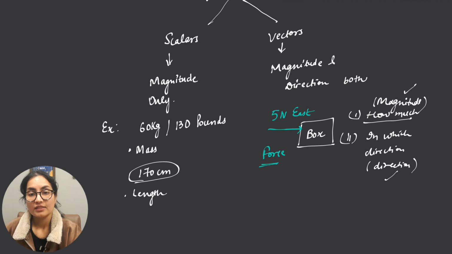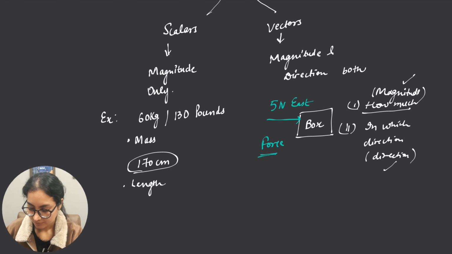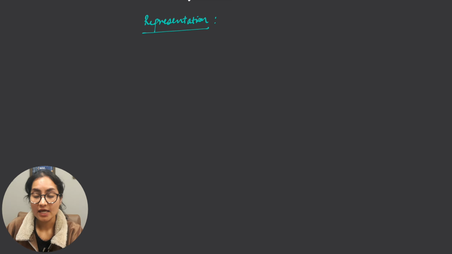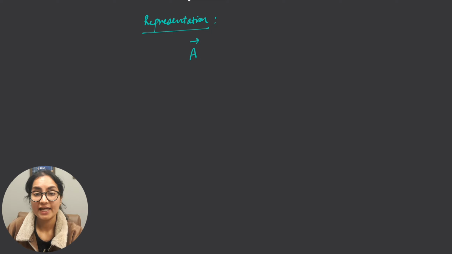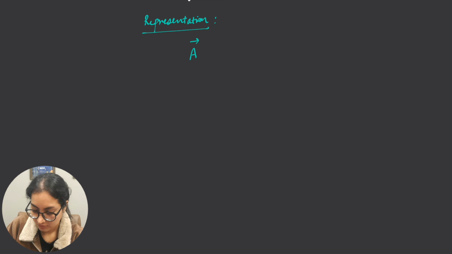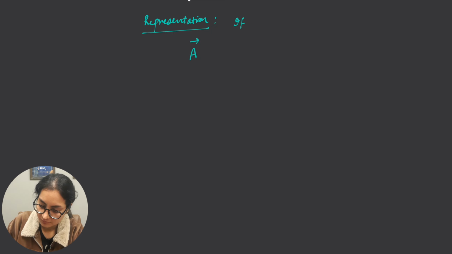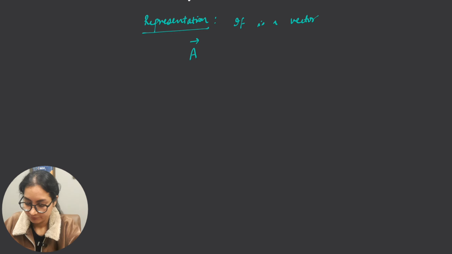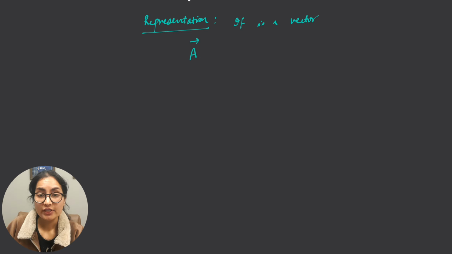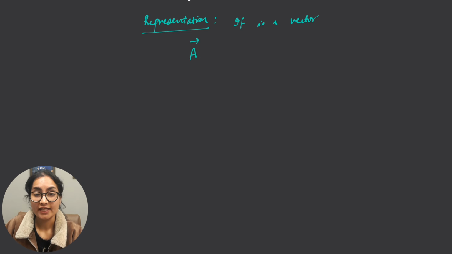So let's learn the representation of vectors. Vectors are represented by an arrow on top. If A is a vector, A would be defined as an arrow on top of A. So I told you a vector has magnitude and direction both.